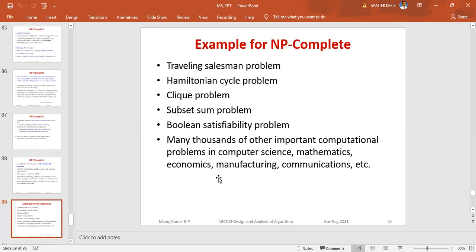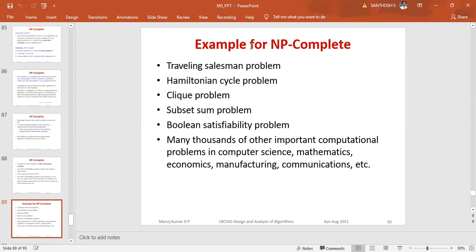So you have three cases: first P, second NP, third NP complete, and NP hard also. But before NP hard, let's see: I can't tell whether all NP problems can be in P. All NP problems cannot be P.